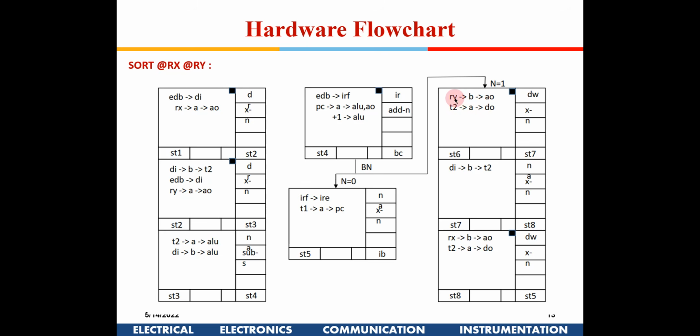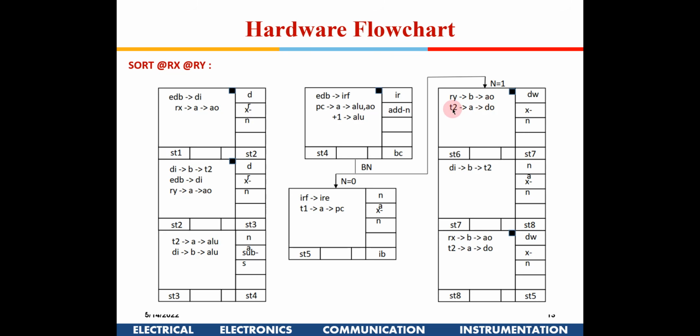So what I am doing is, from Ry, through B, Ry is only indicating the memory location, so I am putting it into A0, the address. The contents of Rx that we had stored in T2 are available in T2, and we are going to put that into D0.